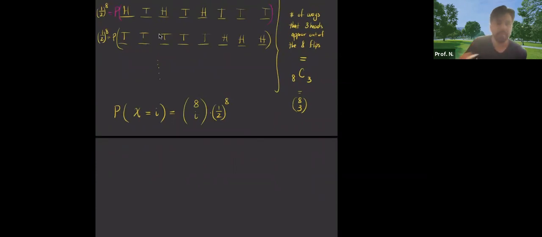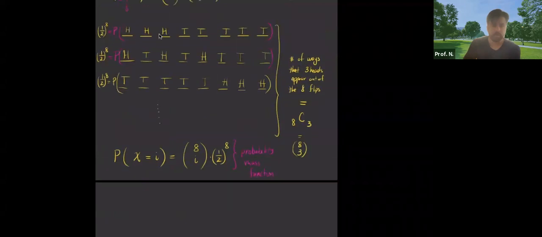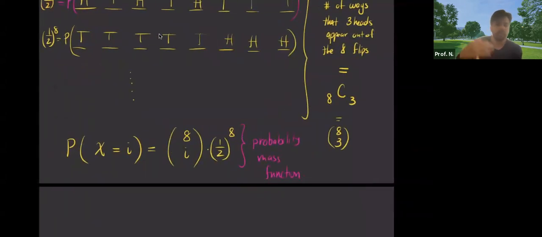And this will be the probability mass function. You guys see that? This is the probability mass function of this particular random variable defined by the number of heads that I get when I flip 8 times.